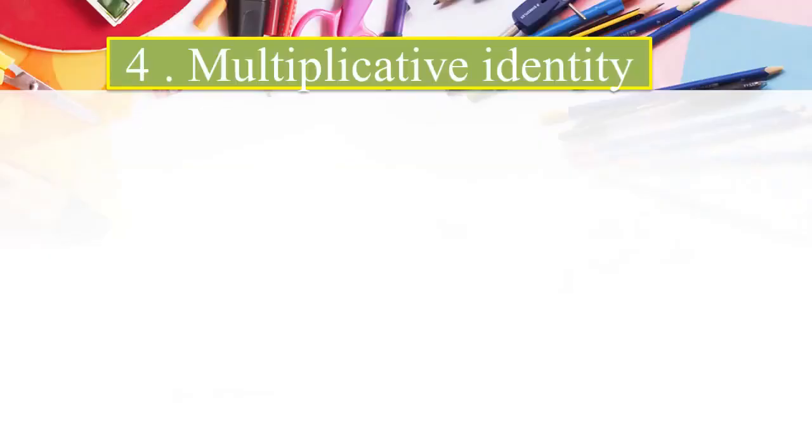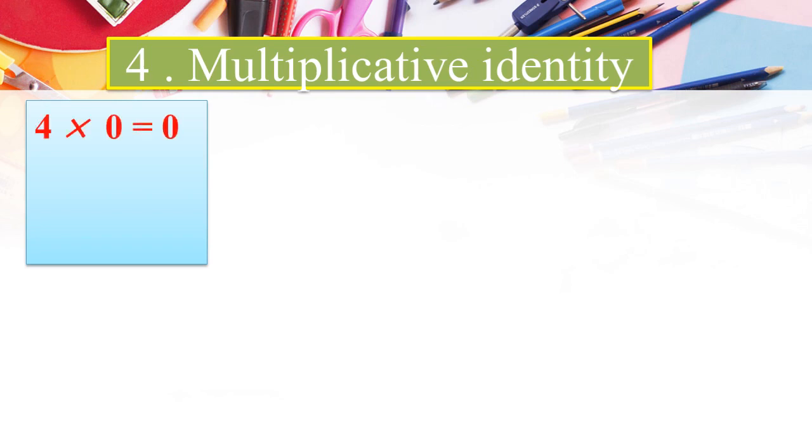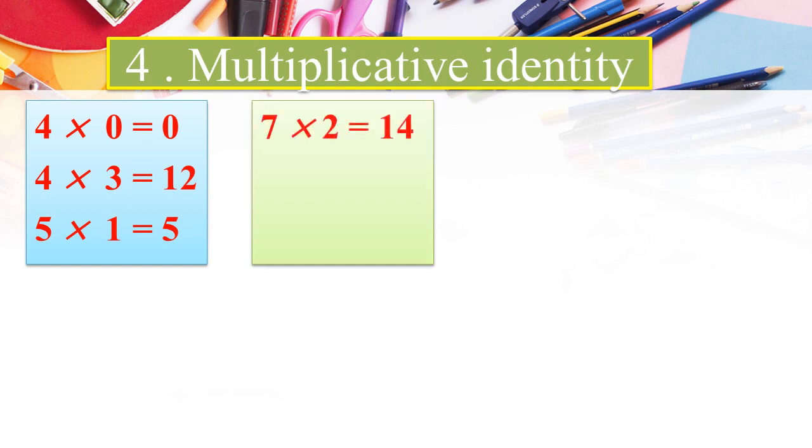Next, multiplicative identity. Multiplicative identity means the whole number does not change when multiplied by a number. Let us find what that number is. 4 into 0 equal to 0. 4 into 3 equal to 12. 5 into 1 equal to 5. 7 into 2 equal to 14. 8 into 1 equal to 8. 6 into 1 equal to 6.